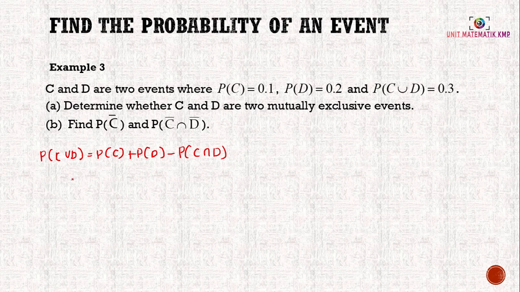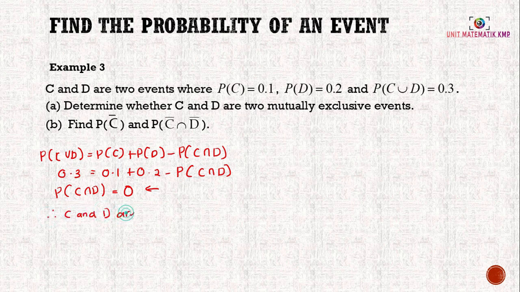Okay, so here we have 0.3 equal to 0.1 plus 0.2 minus P(C intersect D). So we can get here the probability of C intersect D is equal to 0. So this statement shows that C and D are two mutually exclusive events because the probability of intersection is 0. Maksudnya dia tak ada intersection lah. So therefore C and D are mutually exclusive events.